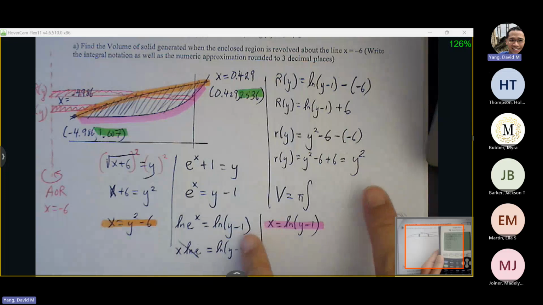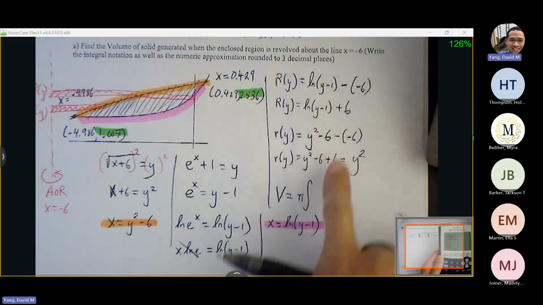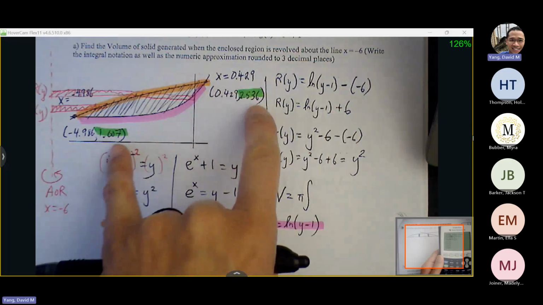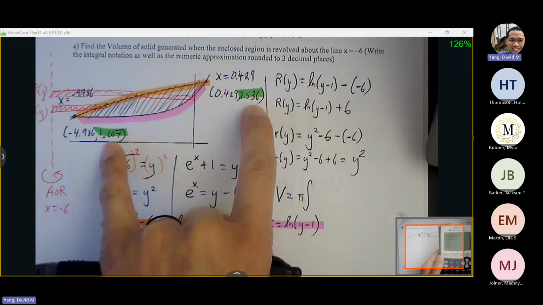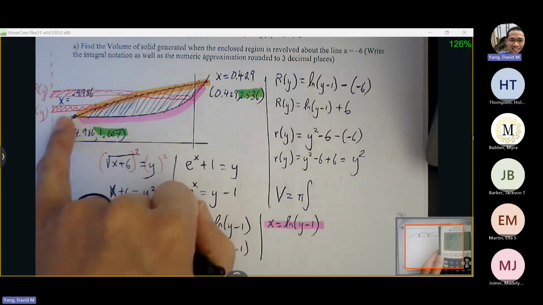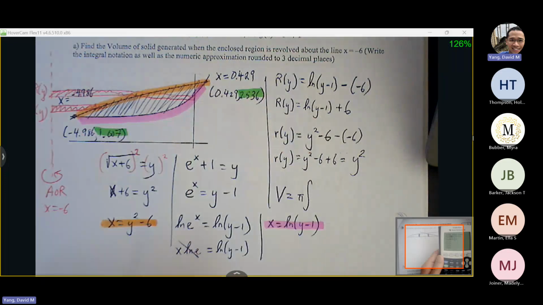Everything's in terms of y. My big radius is in terms of y. My small radius is in terms of y. My bounds are also in terms of y. The lowest y value that I see is 1.007. The highest y value is 2.536.